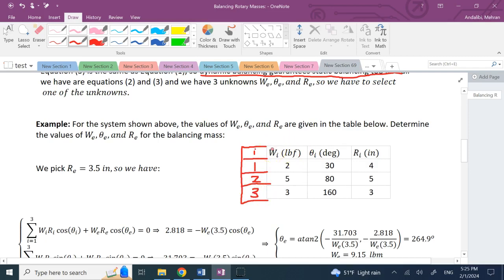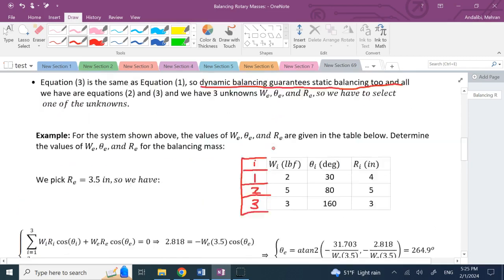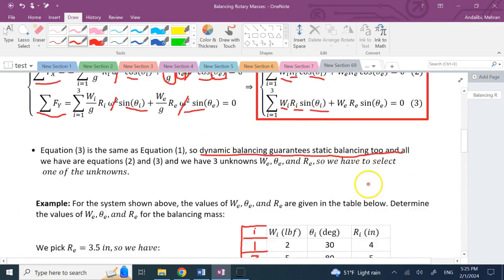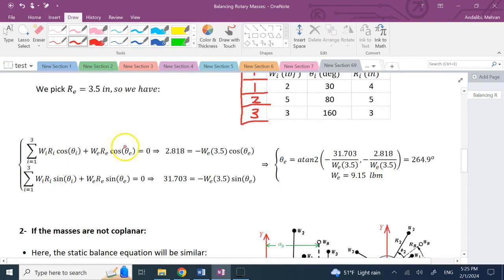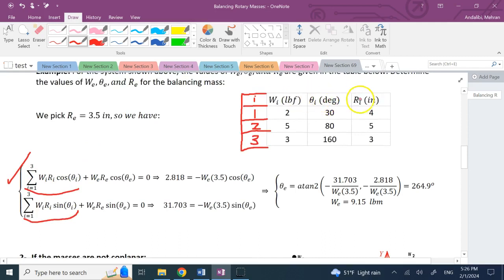Then what kind of equations would we get? Let's take a look. So here I'm going to apply these equations 2 and 3, which you can see down here. And this summation that you have over the given masses, these are numbers. If you plug in the numbers, W's, thetas, and R's, you can find that this summation is going to be 2.818, and this other summation is going to be 31.703.